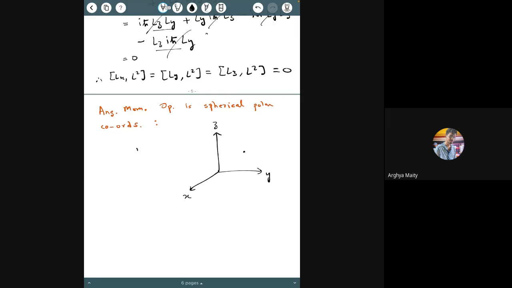We have a point with the position vector r, and we want to express them in terms of the length r, the length of this vector, the angle it makes with the z-axis, which is called theta, and the angle of its projection on the xy plane, which is this.